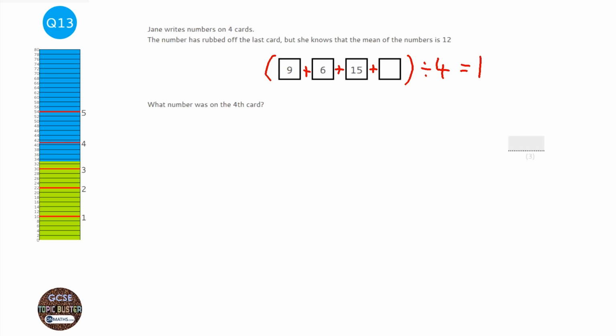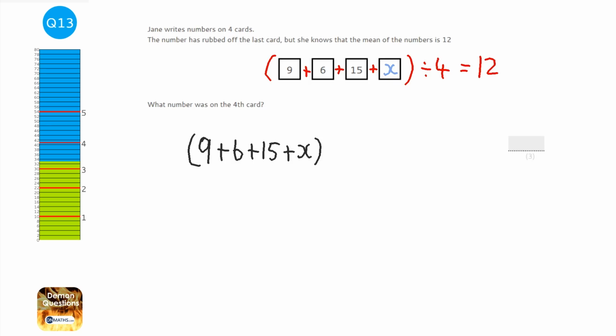And we know that equals 12. So if I put an algebra letter in, so let's call it x, then I can write that down. So 9 plus 6 plus 15 plus x, which is our unknown, divided by 4 equals 12.